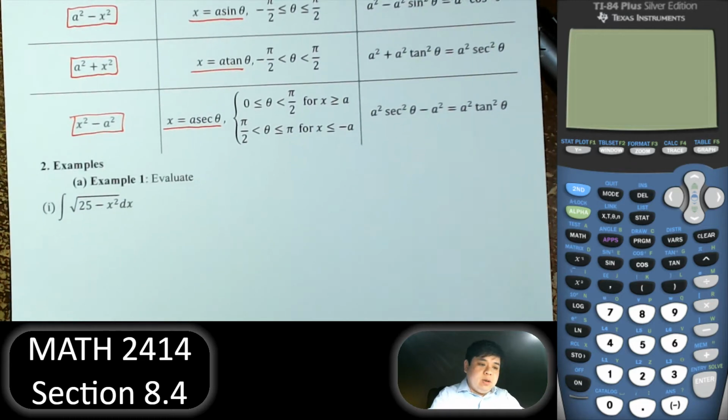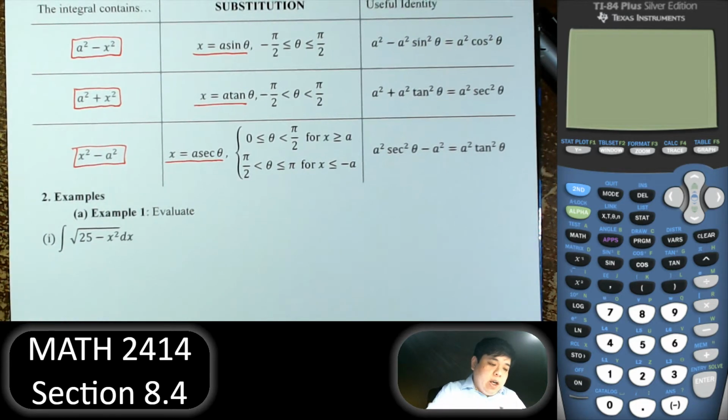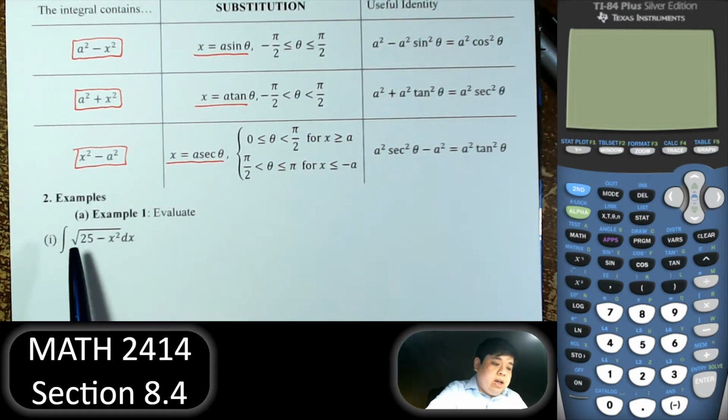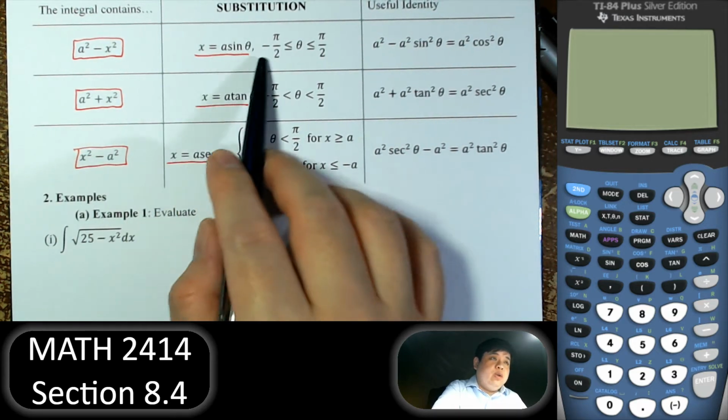Right. So let's look at the first example here. We have 25 minus x squared. We have a constant square minus x squared, so this is going to be this.